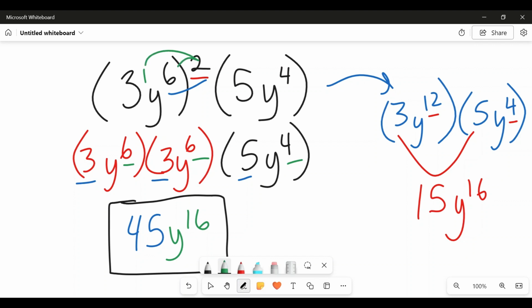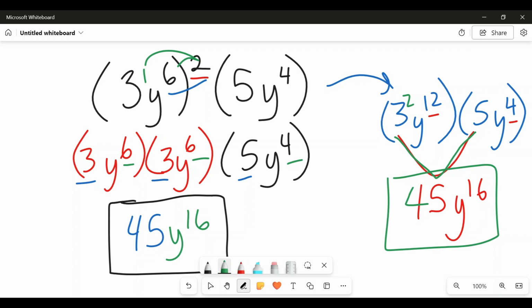So really, this is a 3 squared y to the 12th. Then 3 squared times 5 is 45, right? When I multiply these two together, 3 squared, which is 9, times 5, which is 45. Then I add the exponents, and I get y to the 16th.